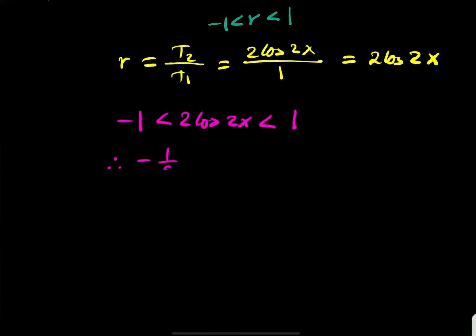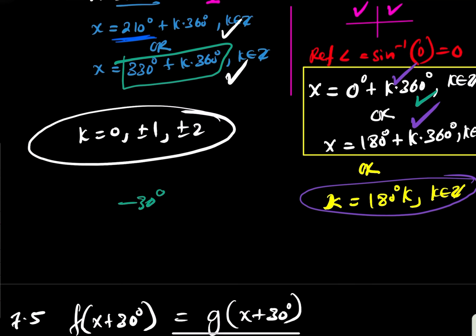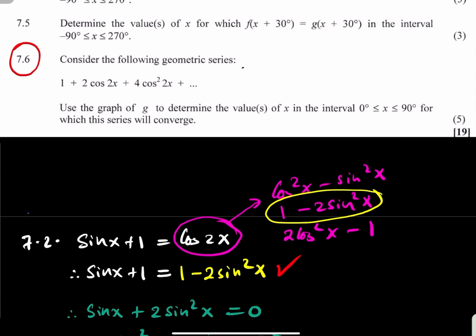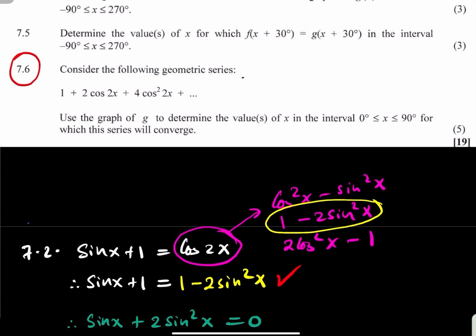You get -1 over 2, and then you get cos of 2x, and you get a half there. So they are saying use the graph of G to determine, let me check the question, the values of x in that interval, from 0 to 90, for which the series will converge.